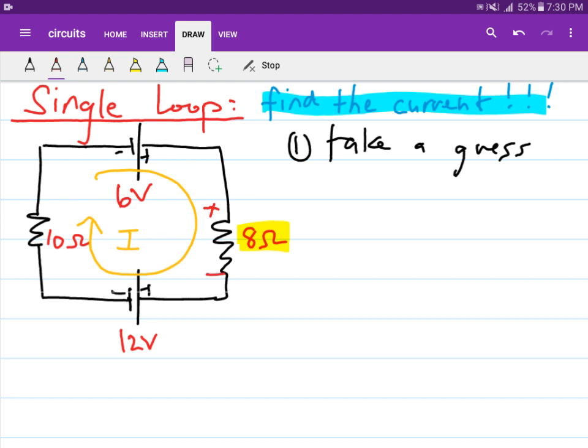So if we assume that the current flows in this direction, this resistor must give a voltage drop due to the direction of the current. And also this 10 ohm resistor will experience a voltage drop. So this has plus to minus, this is plus to minus.